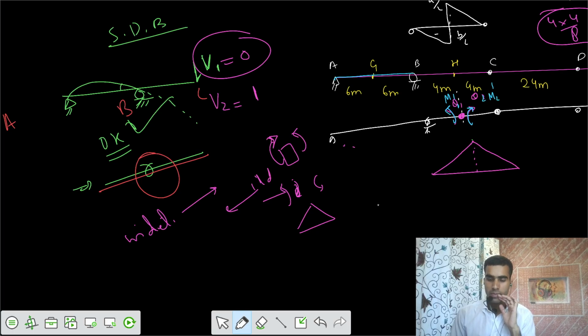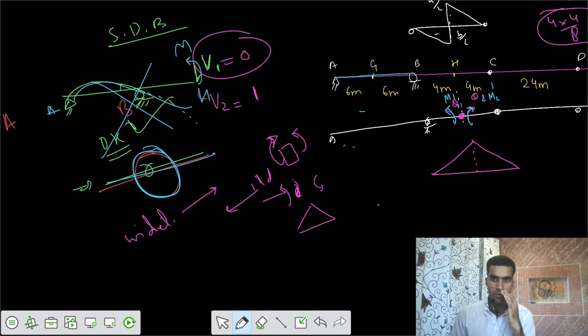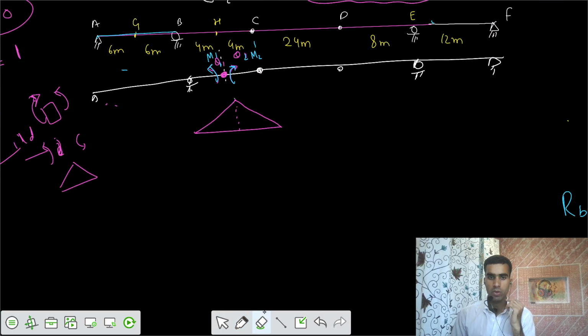Now analyze this part ABH. You are applying a moment in this fashion. What do you think is going to happen? Some curvature might get developed. So for this part, how can you draw the ILD? As a 0 line, because curvature gets developed because of that moment.